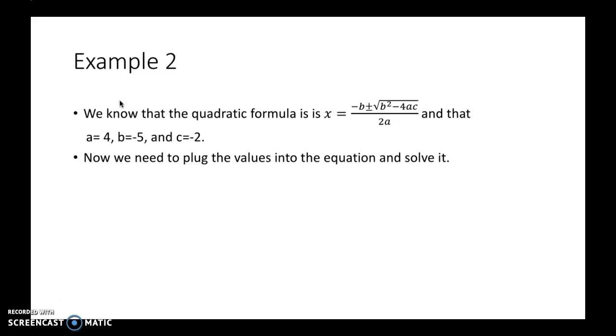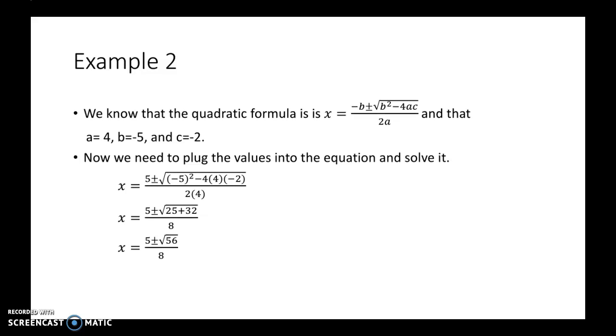And then again, we can just plug this into the quadratic formula to solve for x. This is just plugging in the values again, as we did before. And this is computing the -5 squared minus 4 times 4 times -2, which is 25 plus 32.